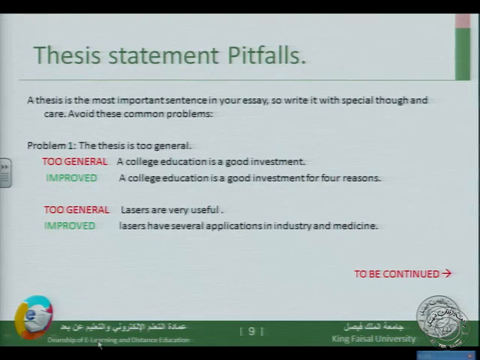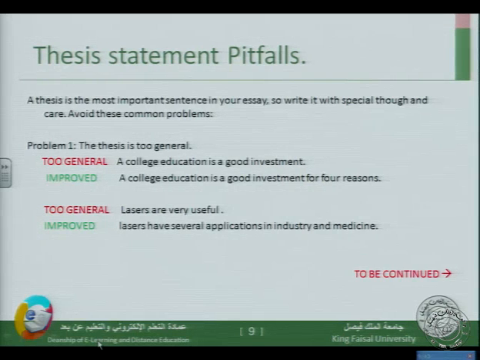So you need to pay attention to your thesis statement. You need to avoid the following problems. The first problem is a thesis statement that is too general. You need to avoid a general or too general thesis statement.